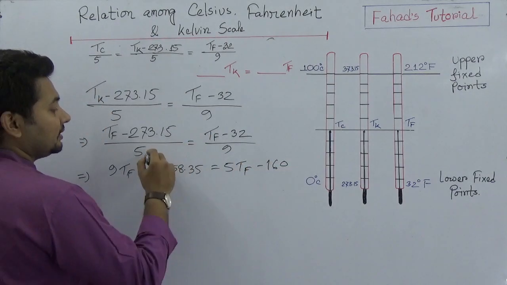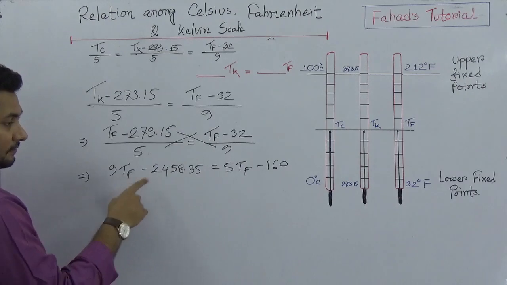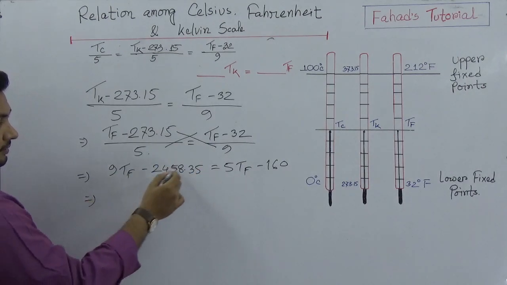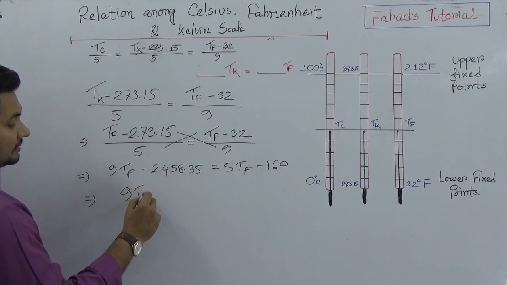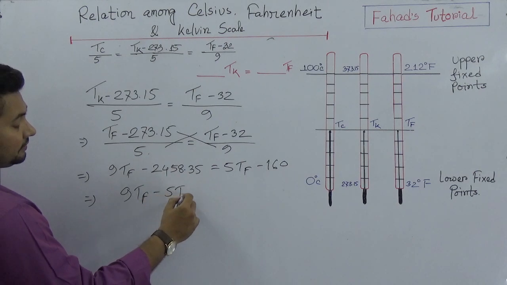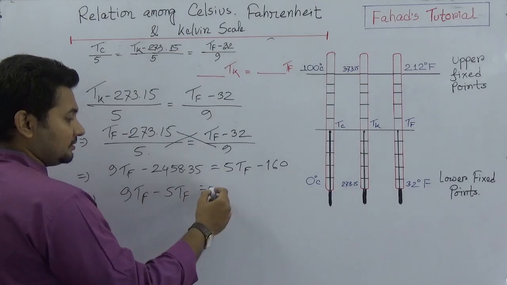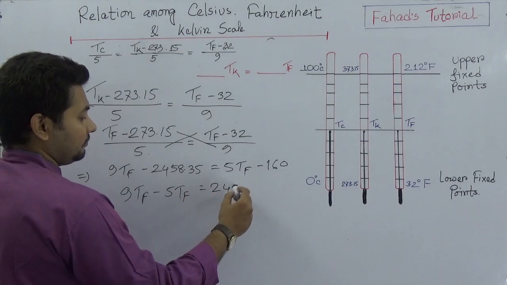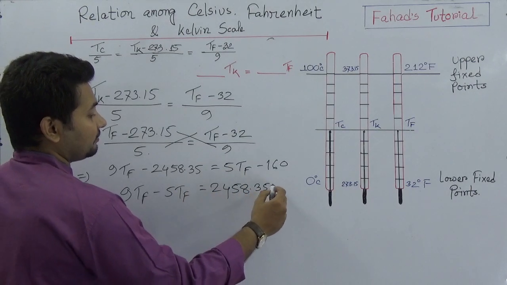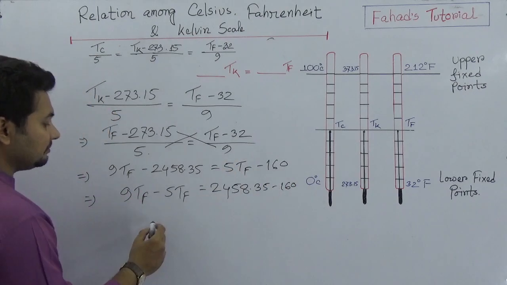You just multiply this side, this side. So now I got it. Let it come here. So 9Tf minus 5Tf will be 4Tf again. And on that side it will be 2458.35 minus 160, no problem.